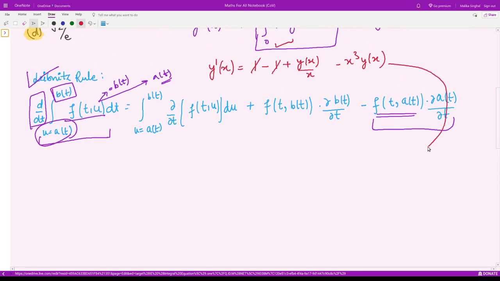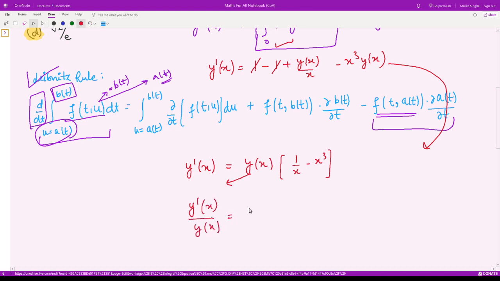So y dash x is equal to, taking y of x common, y of x times (1 upon x minus x cube). So y dash x divided by y of x is equal to 1 by x minus x cube.